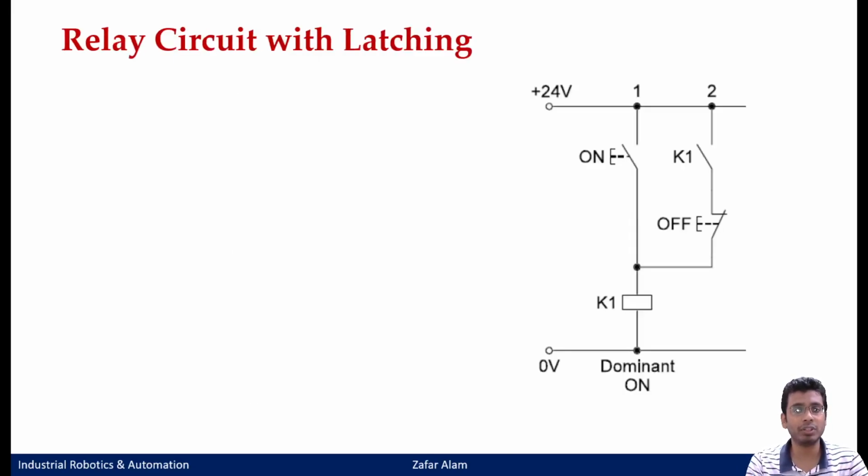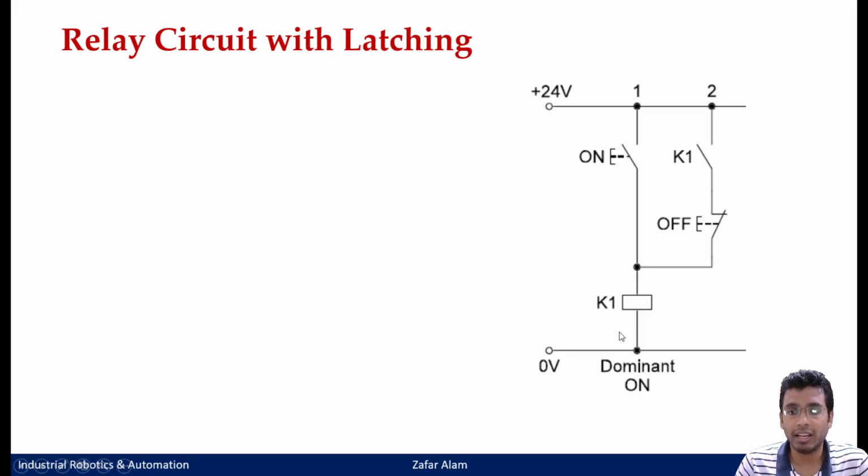We'll continue further, and the first topic that we'll be covering today is the relay circuit with latching. If you can see in the picture on the right hand side of your screen, there is a push button and then you have your relay K1.